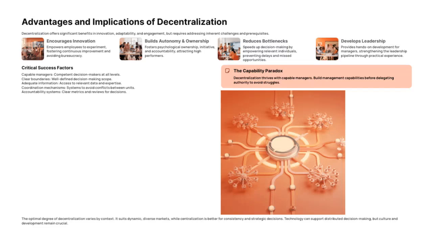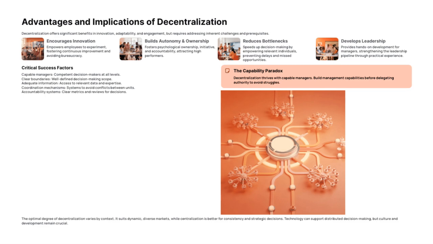The optimal degree of decentralization really depends on the specific context. It tends to work well in dynamic and diverse markets, where flexibility and local responsiveness are key. On the other hand, centralization is often better when consistency and strategic alignment across the organization are more critical.